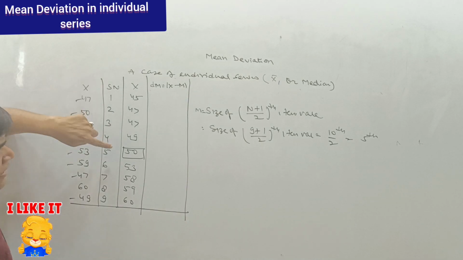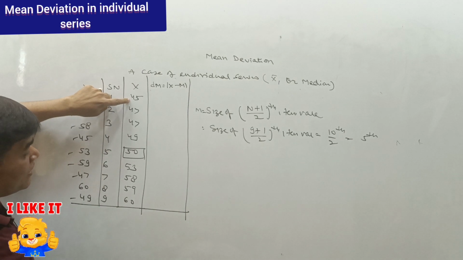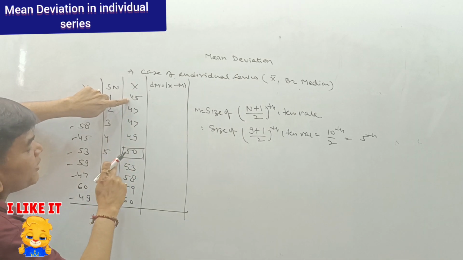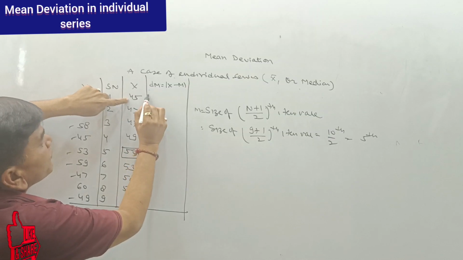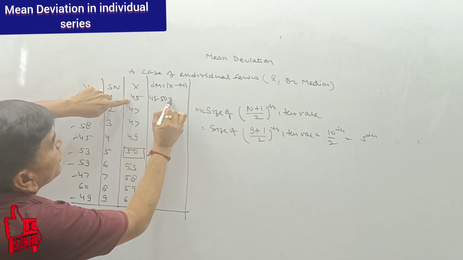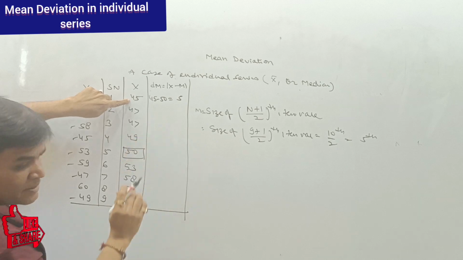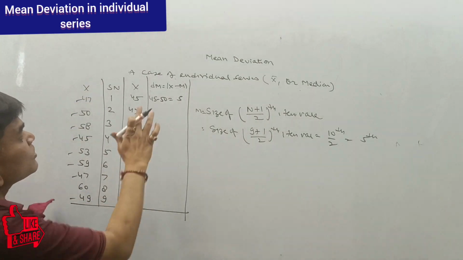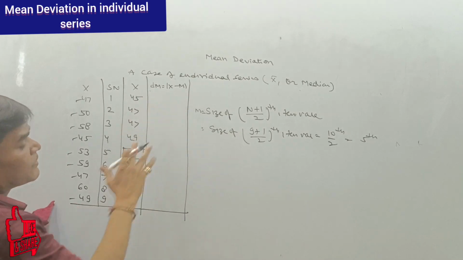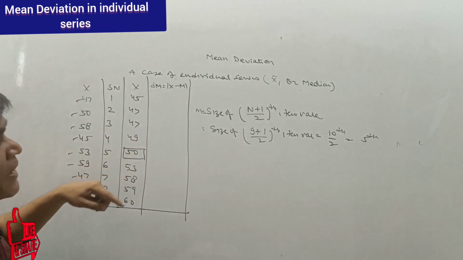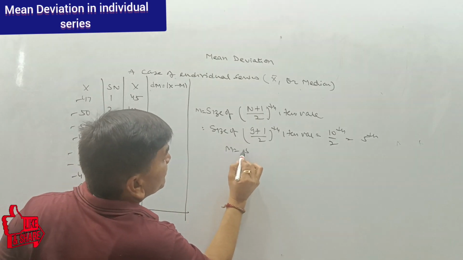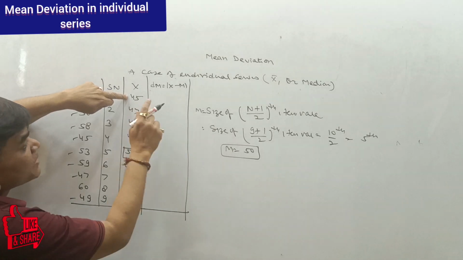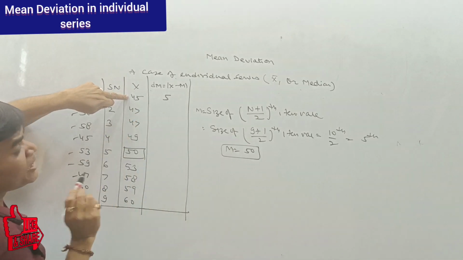So we will subtract 50 from all the items. 45 minus 50, that is 5, ignoring plus minus.